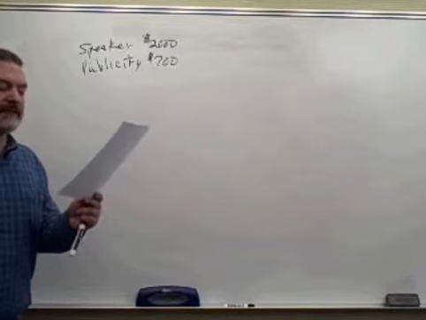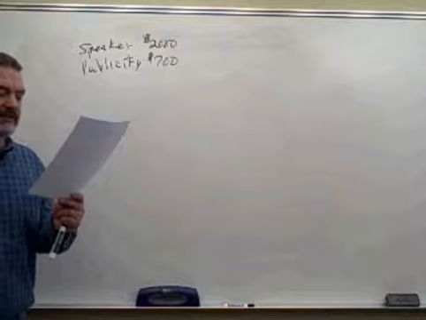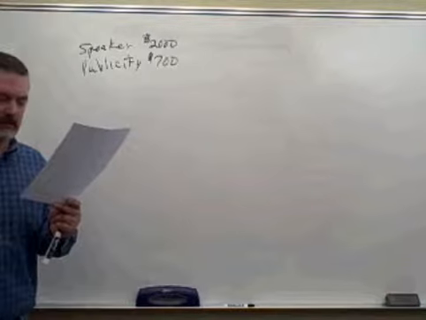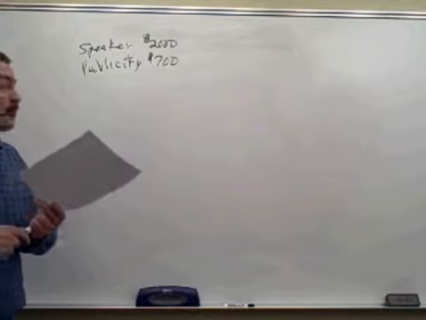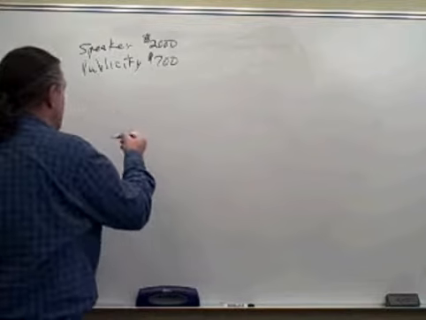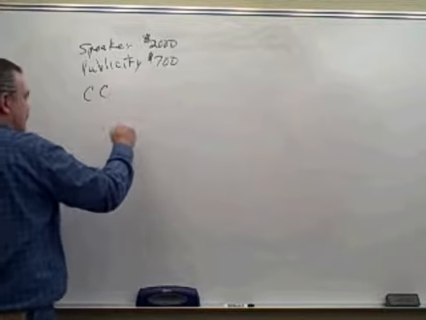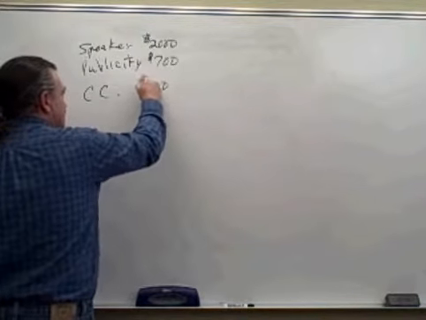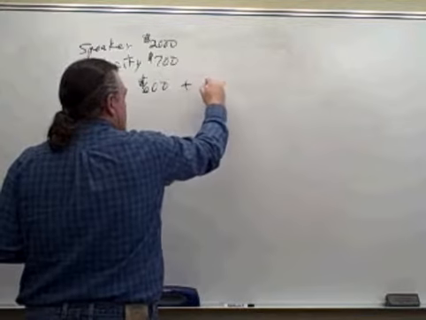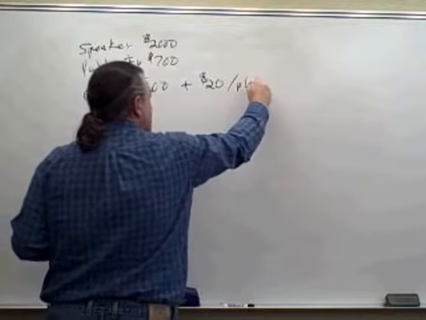If they hold the dinner at the convention center, it will cost $600 for the use of the center and $20 per plate. So if we do it at the convention center, it's $600 plus $20 per plate.